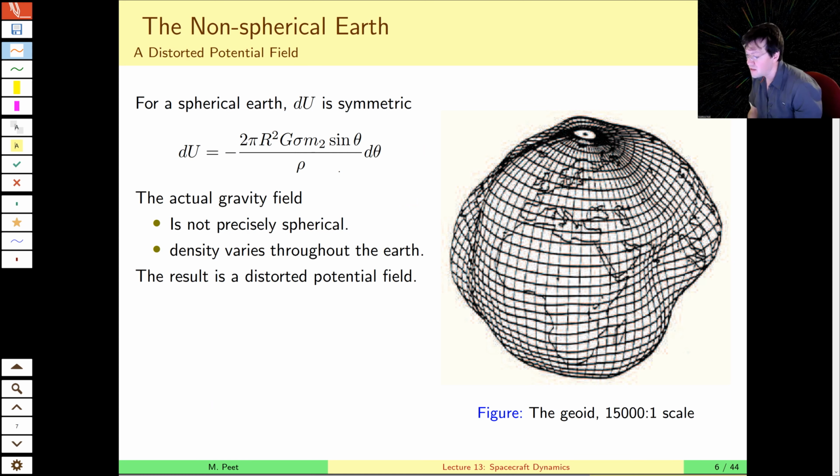So here's a sort of exaggerated map of what the Earth looks like. Notice the scale here, 15,000 to 1. So this is an equipotential surface. Essentially, this is the geoid.